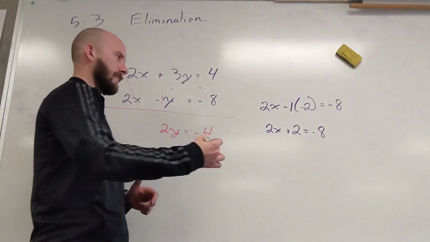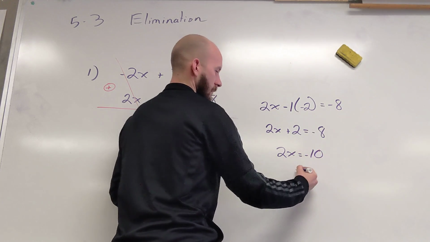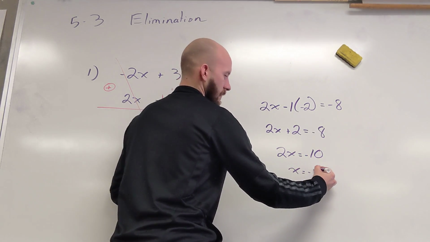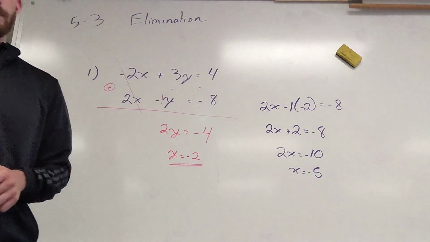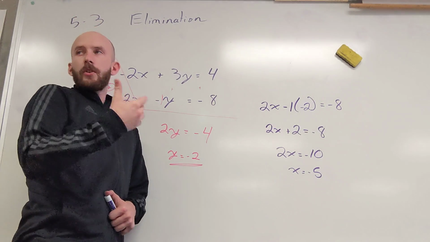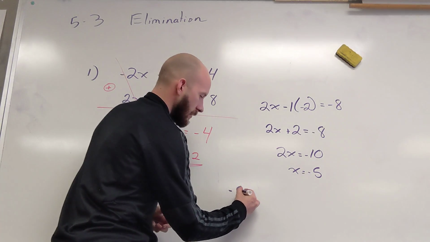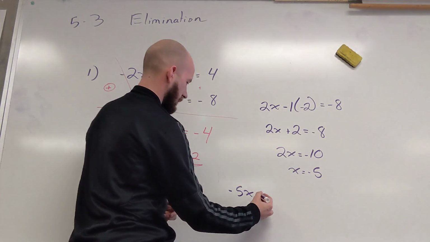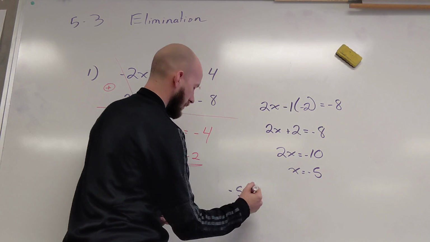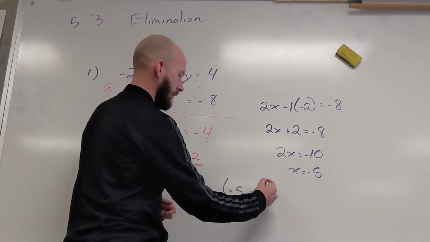Subtract 2. Subtract 2. And then, just like before, make sure we write our answers as an ordered pair. Oops, not negative 5x. Negative 5, negative 2.